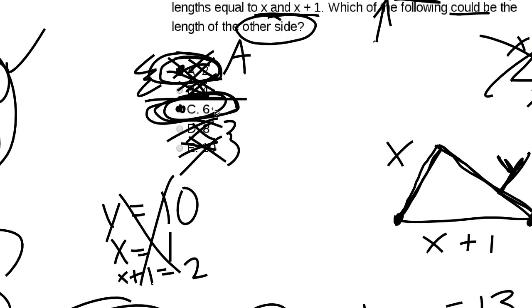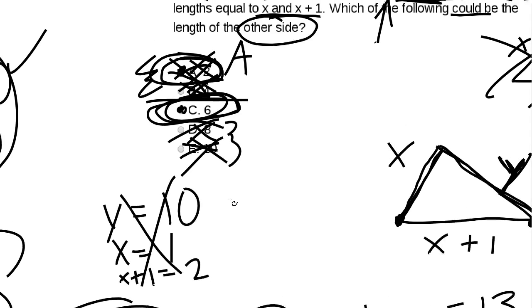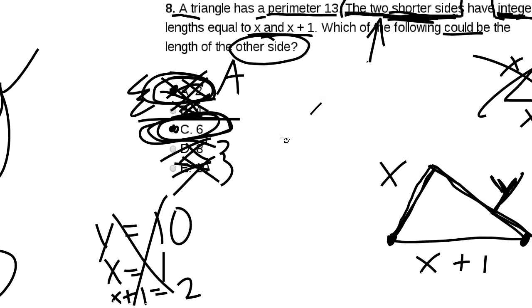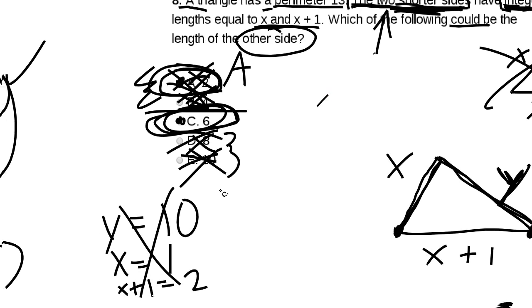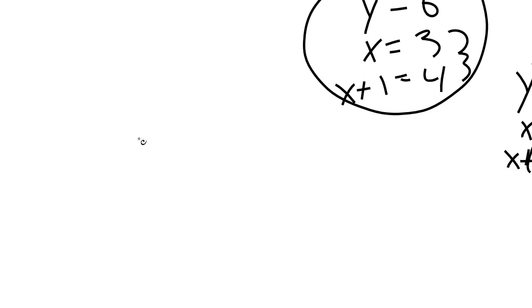I'm just curious, would it have been possible for y to be 5? I don't think so, because that would have violated the integer constraints on x and x plus 1.